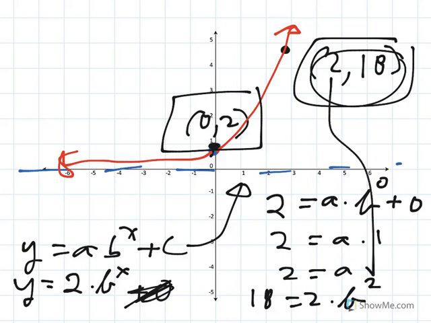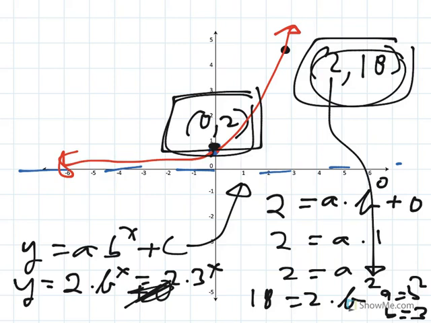That 2 came from here. And now I can solve for b, divide both sides by 2, get 9 equals b squared, and say b, we'll just take the positive value, b is generally positive. So we're done, it is 2 times 3 to the x power. And that's when it's easiest, when the y-intercept is known.